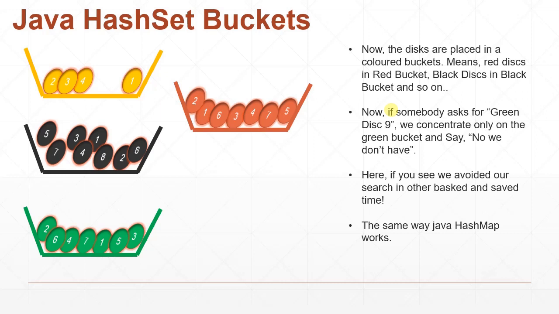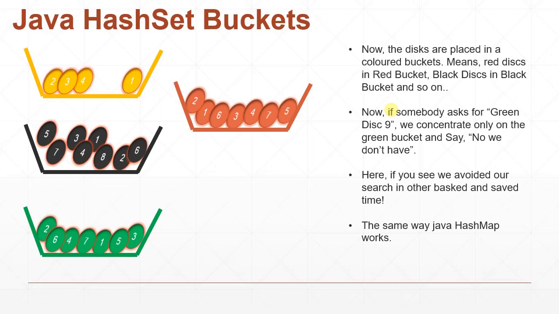So if your object generates some integer code within a range of 1 to 1000, then you can place those. We can actually provide a category based on these 1 to 1000 integer numbers. That means 1 to 100 in one basket, and 100 to 200 in some other basket, like that.